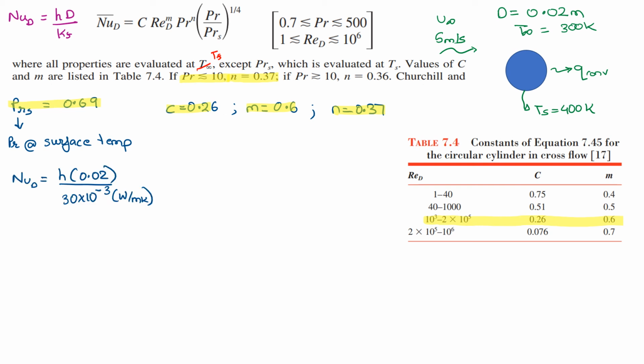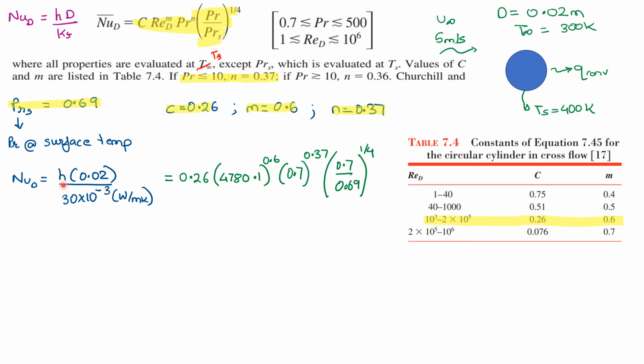So we'll use the relation of Nusselt number here, and we'll substitute the values of C and m in this equation. So our C is 0.026 times the Reynolds number to the power 0.6 multiplied by our Prandtl number calculated at the film temperature to the power 0.37, and the ratio of the two Prandtl numbers to the power 1/4, and this will be equal to h d divided by kf.